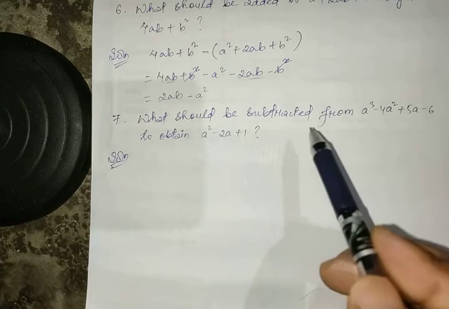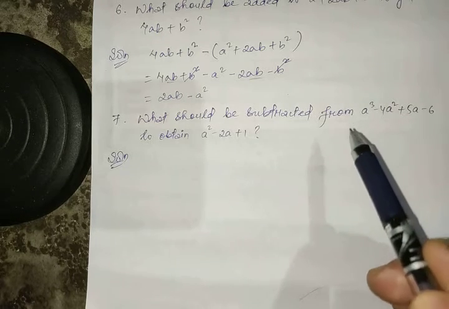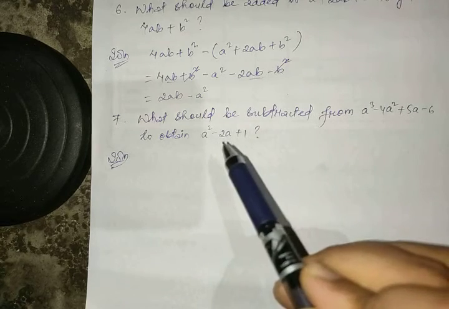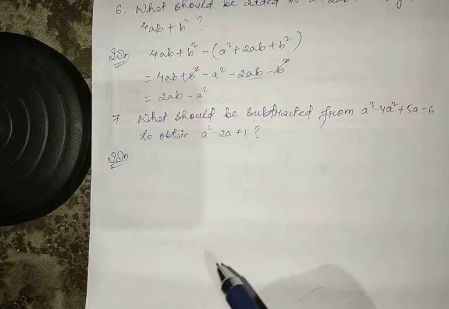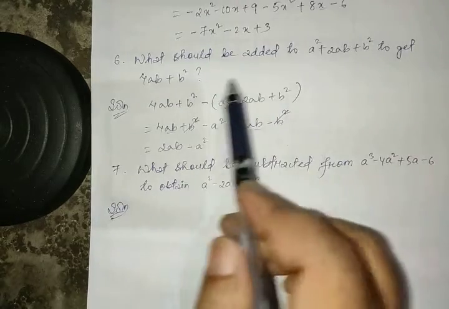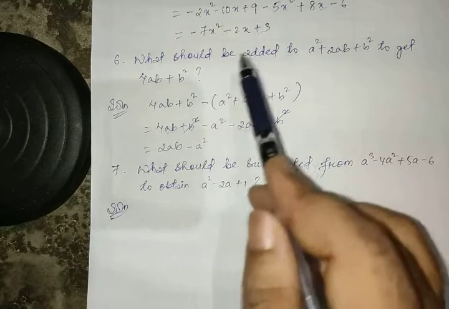So in this type of question, what we do is we will subtract the second expression from the first expression. In the last question, what should be added? So here it was added.